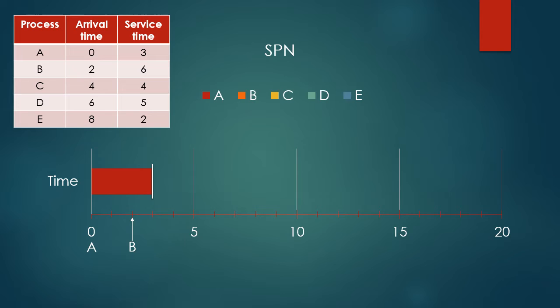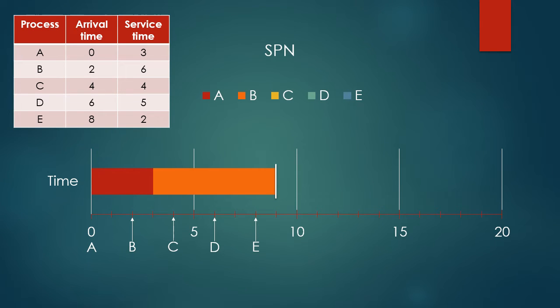At time instant 0, A is the only process in the system, so it is given the processor. B arrives at 2, but remember SPN is non-preemptive. So A is allowed to continue and A leaves the processor at 3.